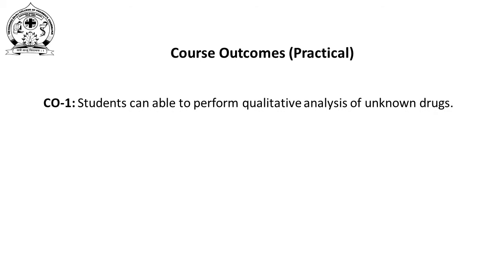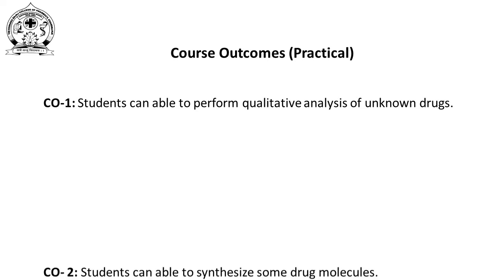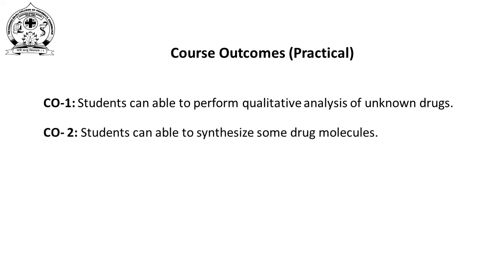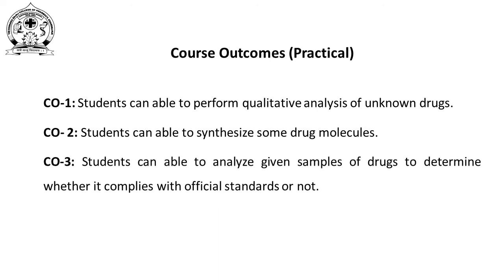Coming to the practical course outcomes of Pharmaceutical Chemistry 2. The first outcome is that the student can perform qualitative analysis of unknown drugs. The second outcome is that the student can synthesize some drug molecules. The third is that the student can analyze given samples of drugs to determine whether they comply with official standards or not.